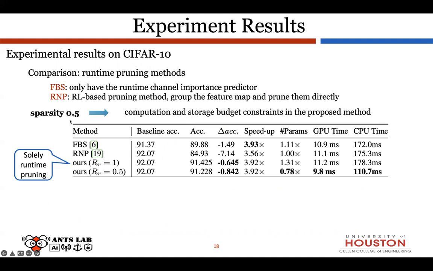Yeah. Even for that, I think what Dr. Guo means is you can still do the trade-off, right? Because in this paper, they mentioned the trade-off between the accuracy and the computing and storage budget.